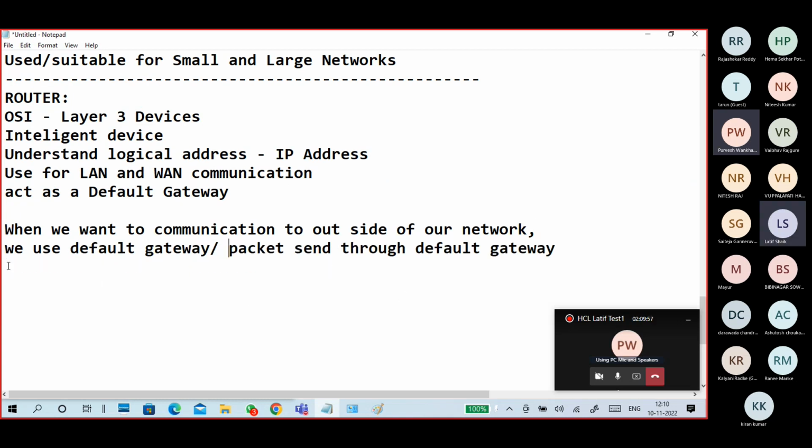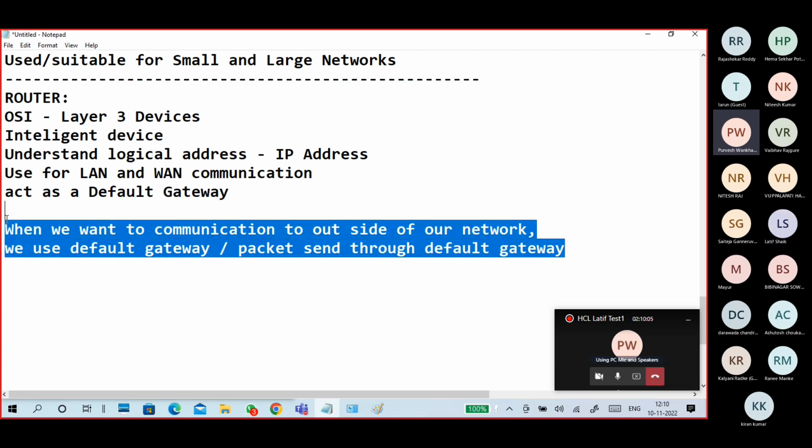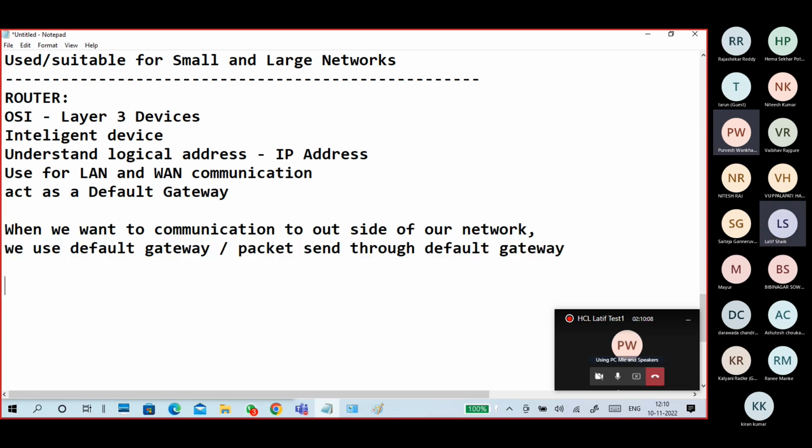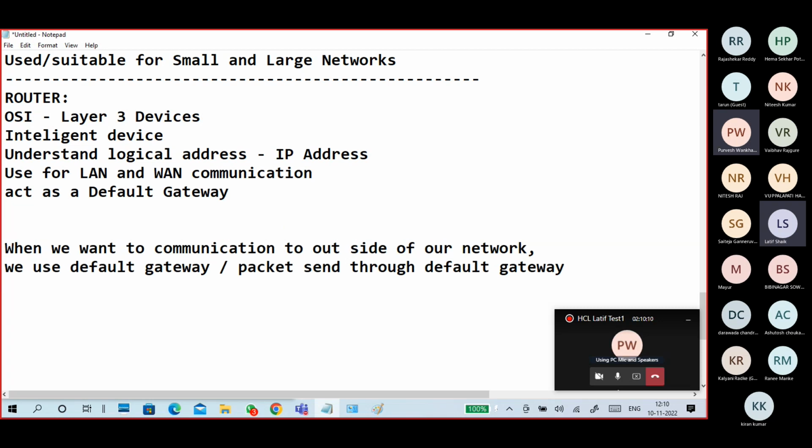So it acts like a default gateway. What is the default gateway IP address? The default gateway IP address is our router IP address. Our gateway IP address will send a packet through that IP address only, that interface only.